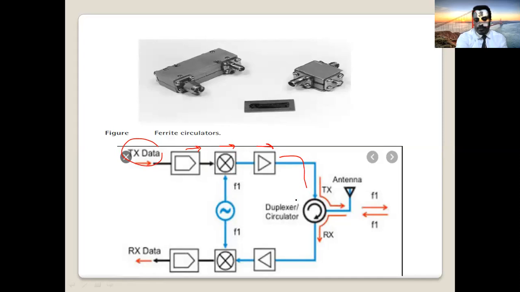This circulator. Okay, this circulator is used as a duplexer circulator. What is the purpose? Look, there is only one antenna. We can transmit and we can receive simultaneously, but the transmit signal only goes to the antenna, the receive signal only goes to the receiver part, no mixing. Okay, that's why we call it a circulator.